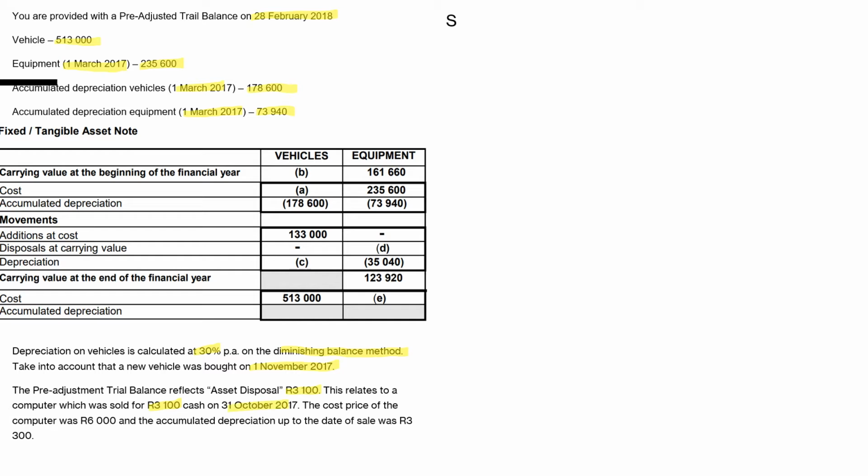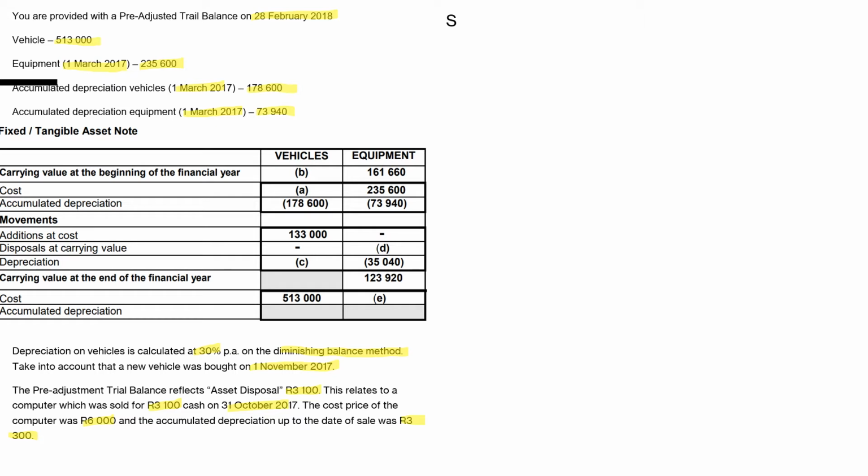The cost price of the computer was 6,000. The accumulated depreciation up to the date of sale was 3,300. So for this one, they already calculated accumulated depreciation up to the date of sale, so you don't have to calculate current year depreciation when calculating the carrying value at the time of disposal. It's a bit straightforward.